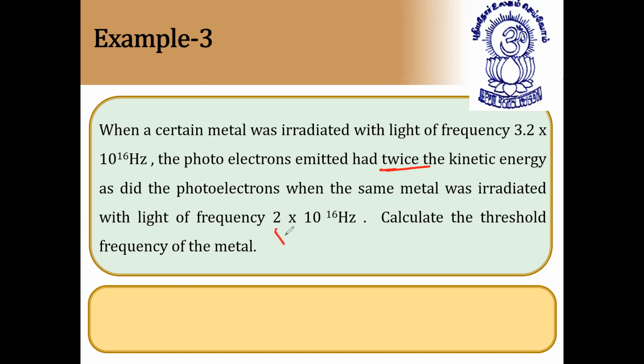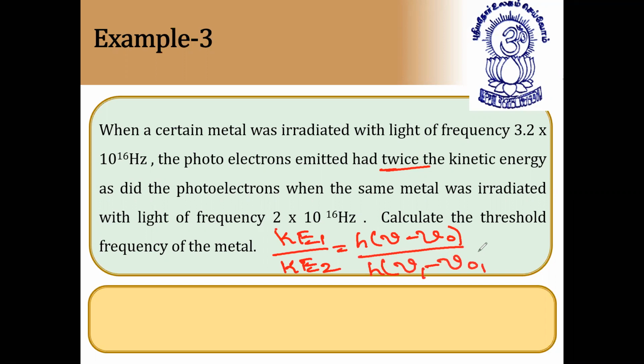Kinetic energy 1, KE1 by KE2, is equal to h into (nu minus nu naught), that is the first case, by h into (nu 1 minus nu naught).